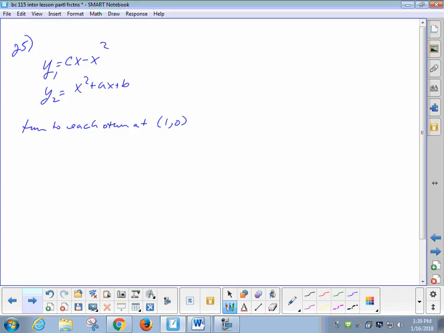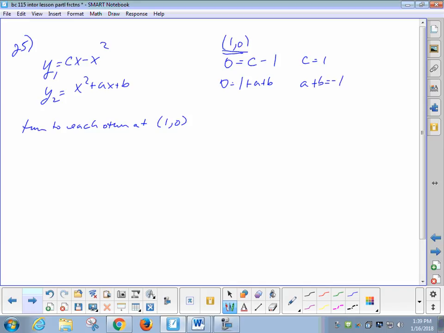Give me one thing you can do with that (1, 0). Plug it in. If you plug it in, then 0 equals c minus 1, which implies c is 1. And 0 equals 1 plus a plus b, which doesn't really do much for you. I guess that means a plus b is negative 1.